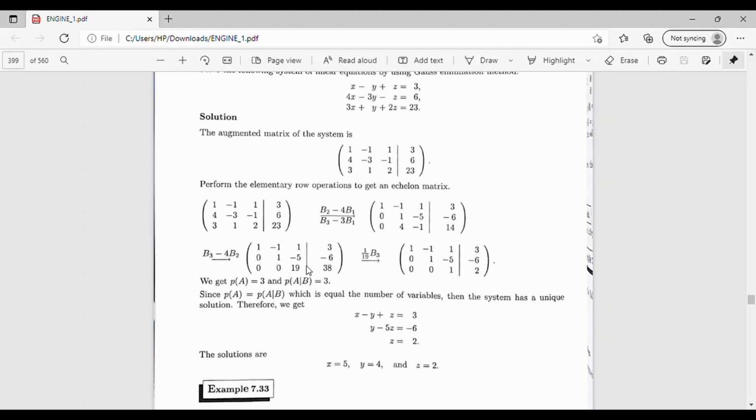We cannot use the minus or plus method again, because it will affect the other numbers. So we use division. We use 1 over 19 for only row 3. So we can get this one.